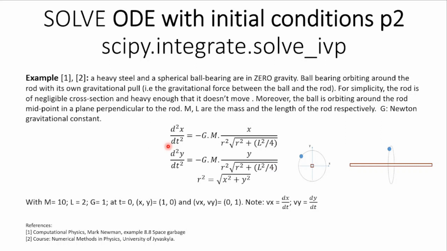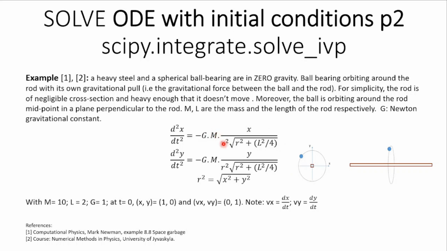Our duty again is to find the function of the x coordinate with respect to time, and also the function of the y coordinate with respect to time, and then plot it in the xy plane to see the trajectory of the ball, whether it's a circle or something else. So it's pretty clear. This is the system of ordinary differential equations that we need to solve.